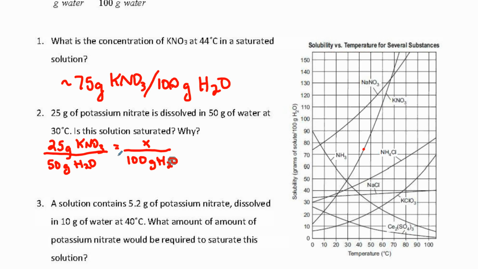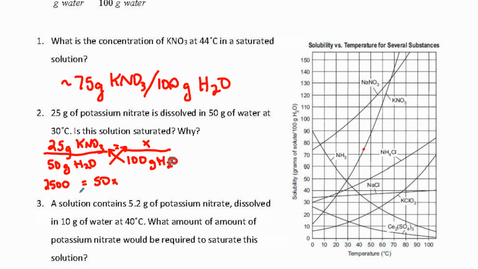However, sometimes the numbers aren't that easy to deal with. So if you didn't know it off the top of your head, the strategy for solving for X is to cross multiply. If I cross multiply, I'm going to get 2,500 equals 50x.